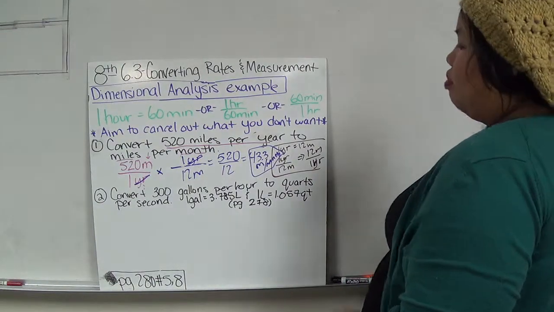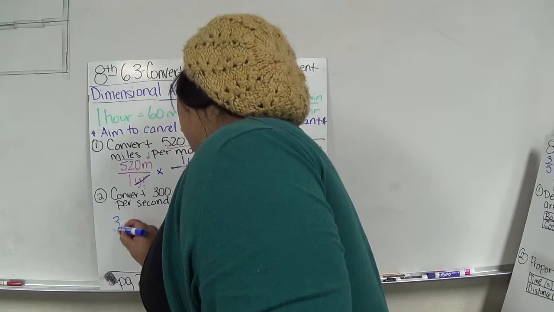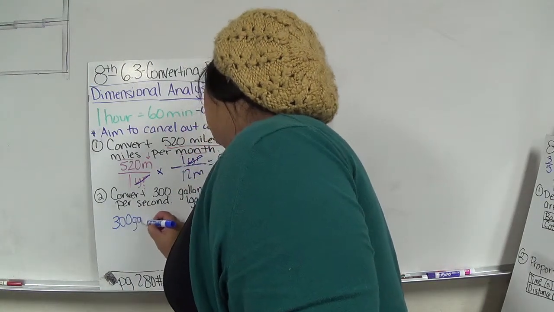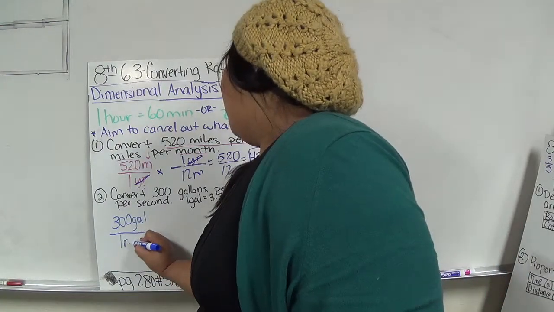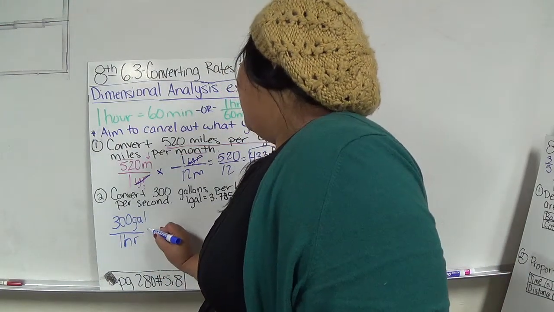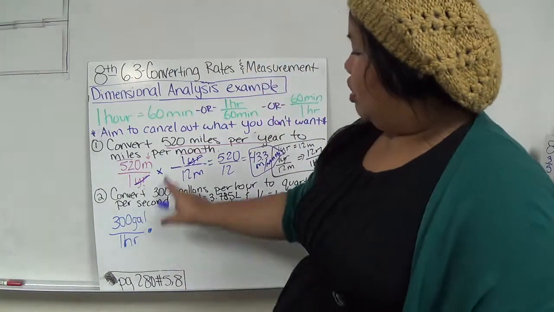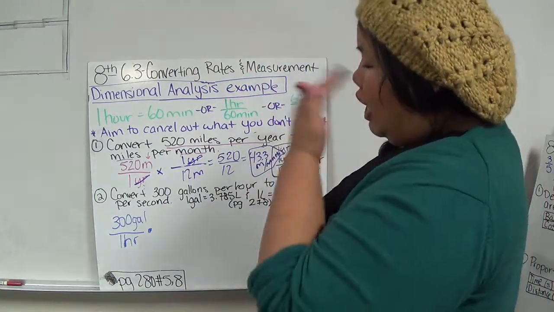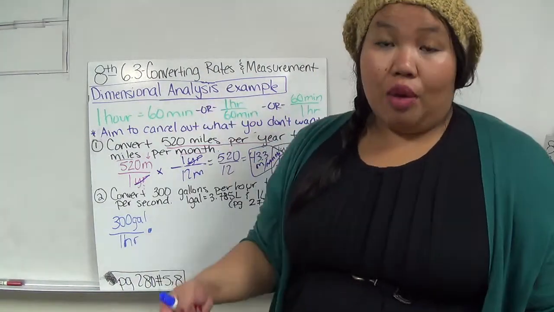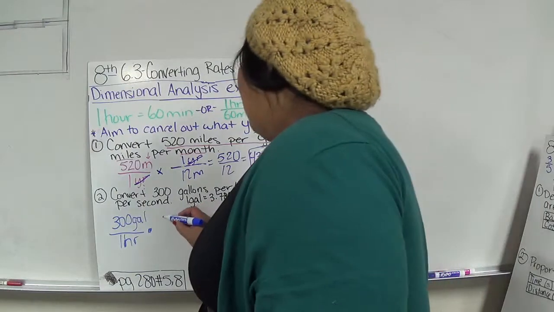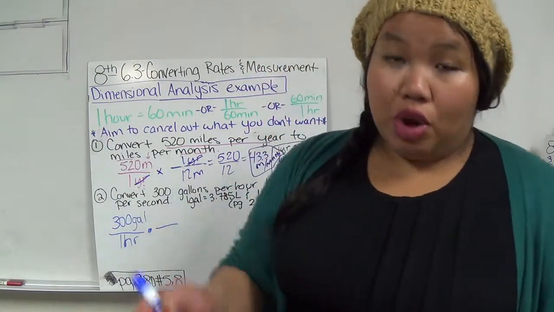Google it. So let's start with the original value. We have 300 gallons over 1 hour. Okay? So this is what we're going to do. That dot is the same thing as multiplication. We're going to focus on the hour first. I don't know how many seconds there are per hour, but I do know that there's 60 minutes per hour.